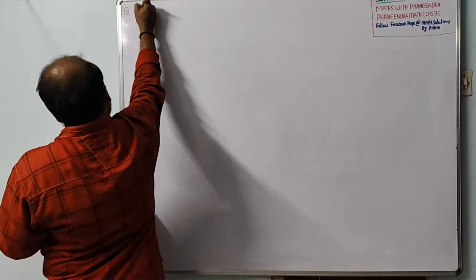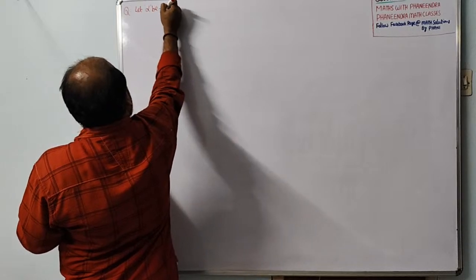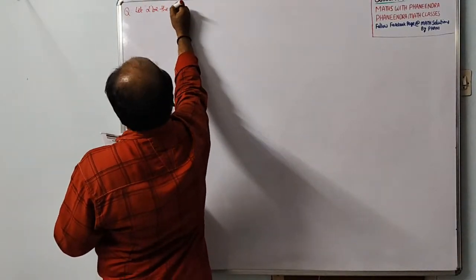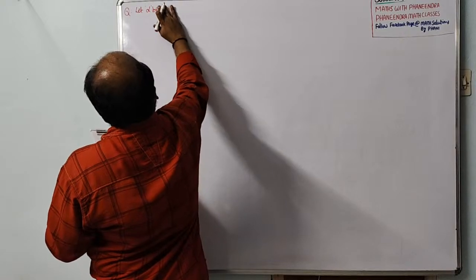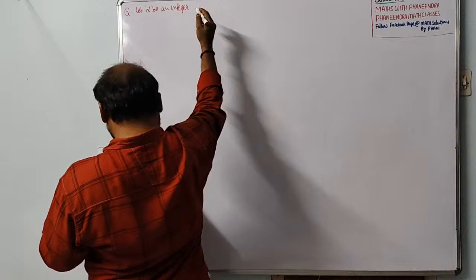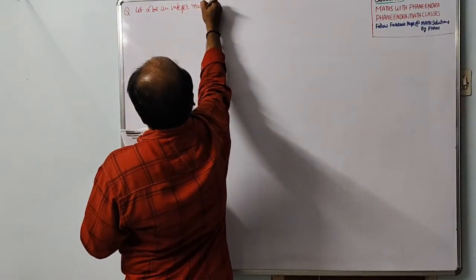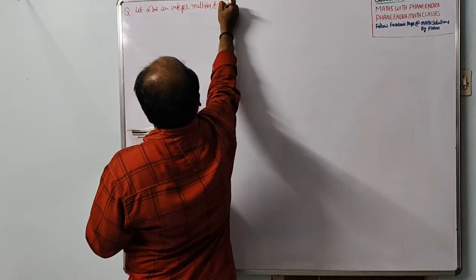Let alpha be an integer, multiples of 8.